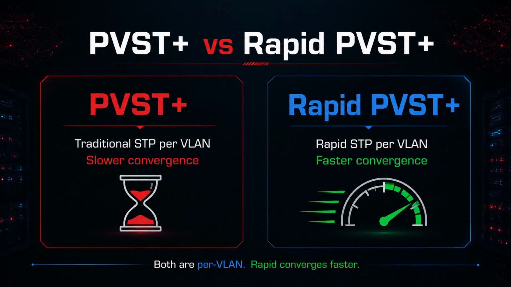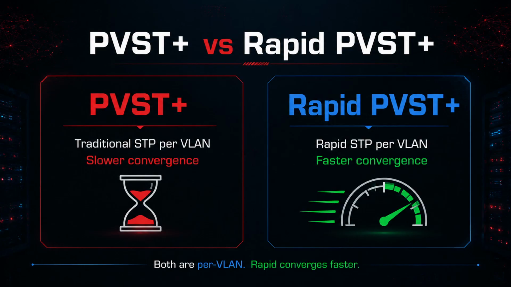The difference is the underlying spanning tree behavior. We know that rapid spanning tree generally converges faster. It uses rapid spanning tree concepts like alternate ports and discarding states.